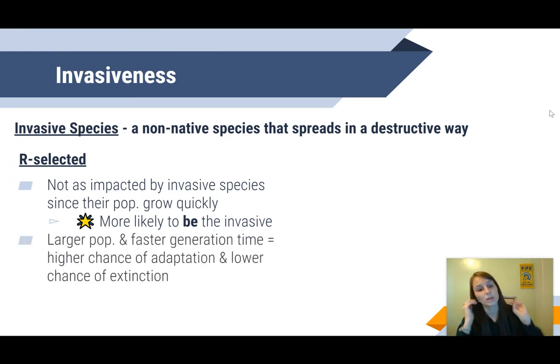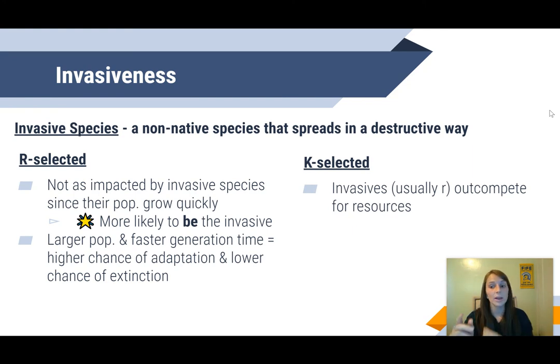And because they have larger populations and faster generation time, we aren't waiting years for generations, we're waiting shorter periods. They have a much higher chance of adaptation and a lower chance of extinction. Comparing this to the K-selected species, they are usually outcompeted for resources by invasives, which I said usually are going to be the R-selected species.